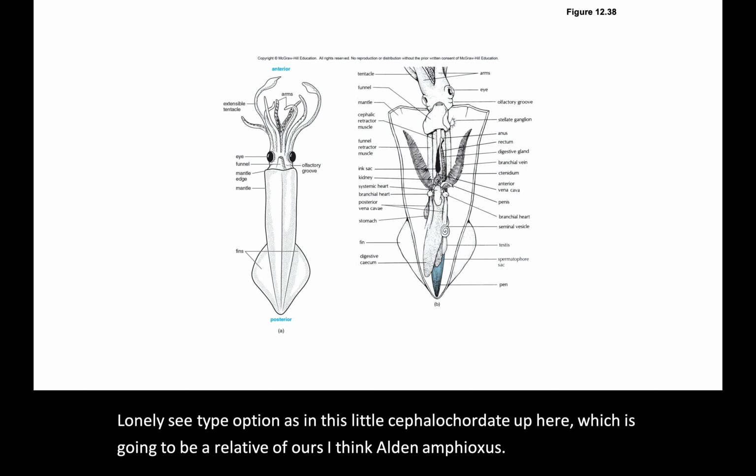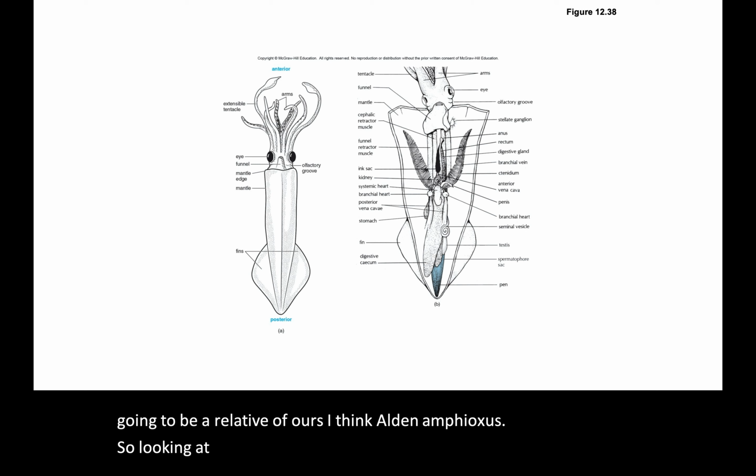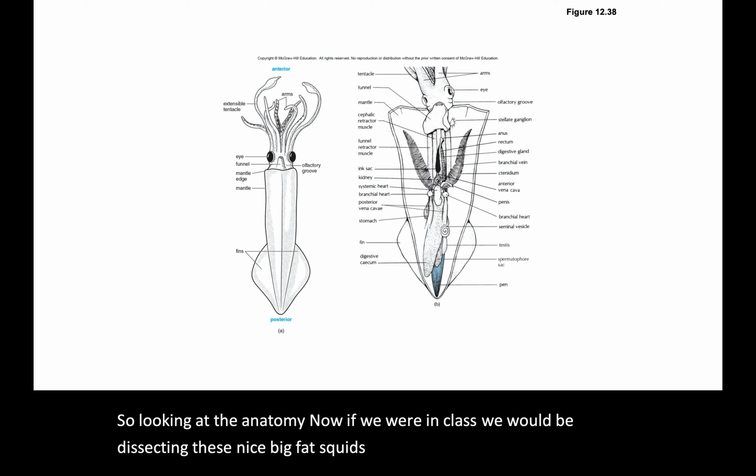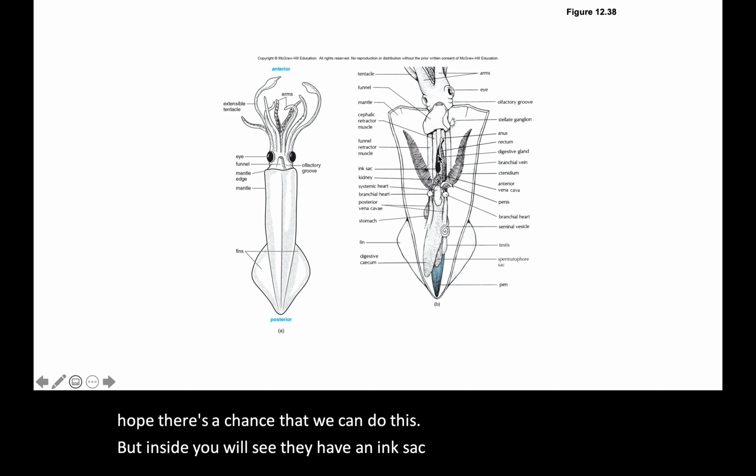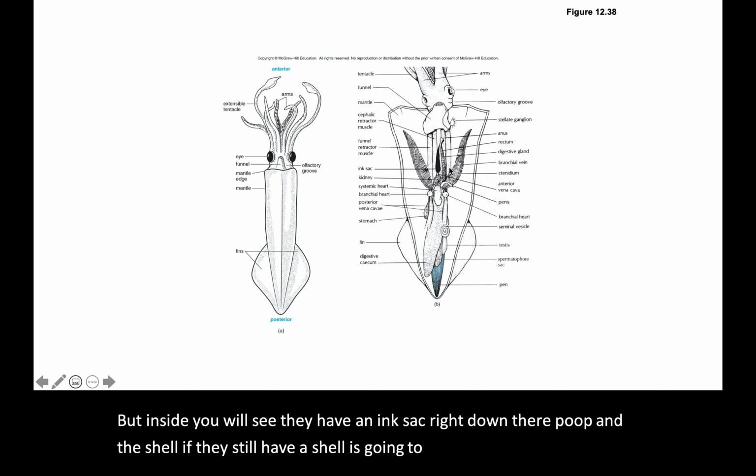So looking at the anatomy, now if we were in class, we would be dissecting these nice big fat squids. And they are so cool to dissect. Yeah, I really hope there's a chance that we can do this. But inside you'll see they have an ink sac right down there. And the shell, if they still have a shell, is going to be protecting this ink sac.